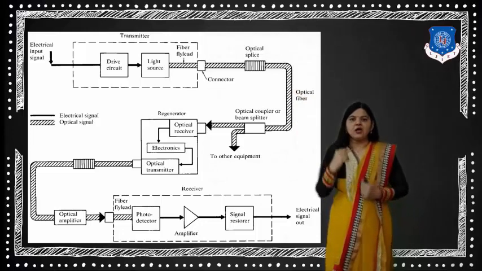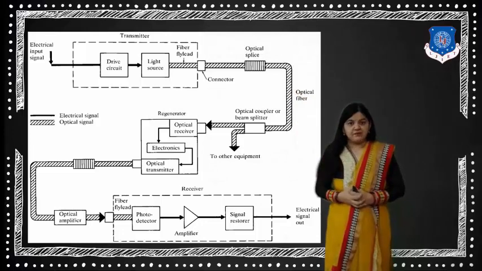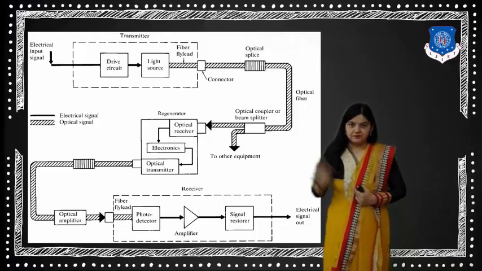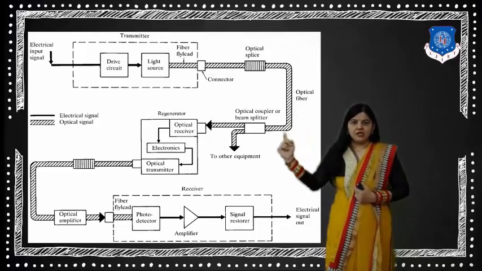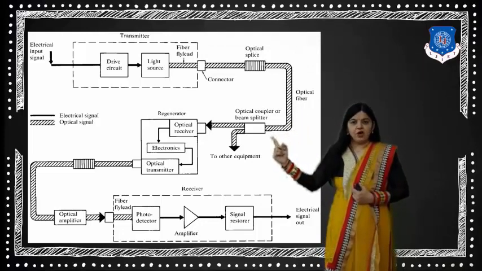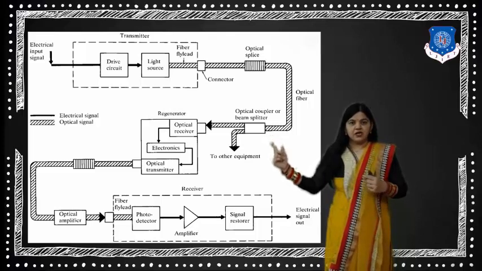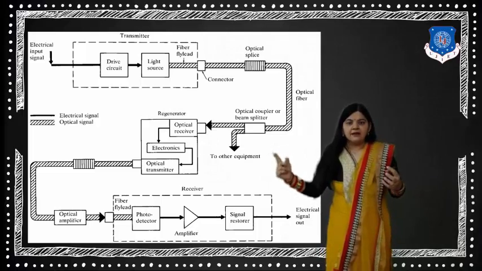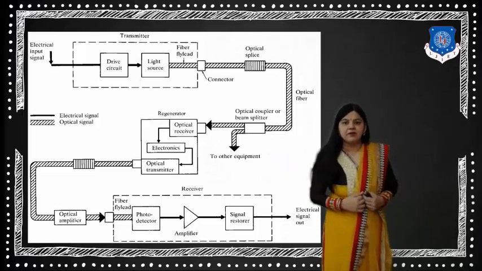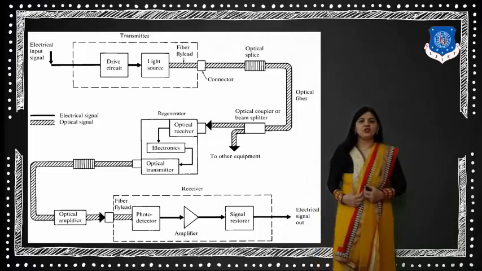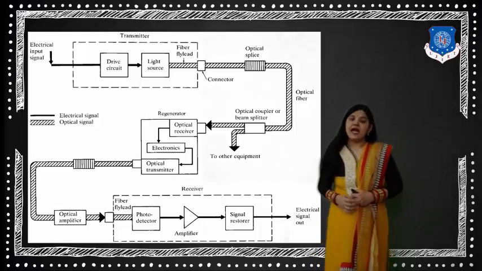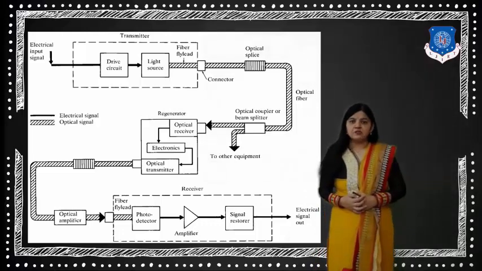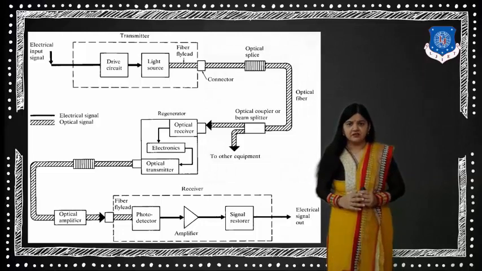So here we have the optical splice which will join the two fibers. Sometimes we want to couple the signal and give it to other equipment. So we go for the use of a splitter, which will split the signals and give them to the optical receiver.